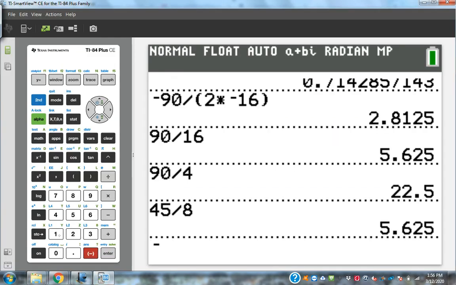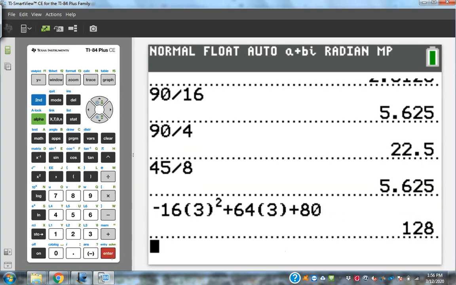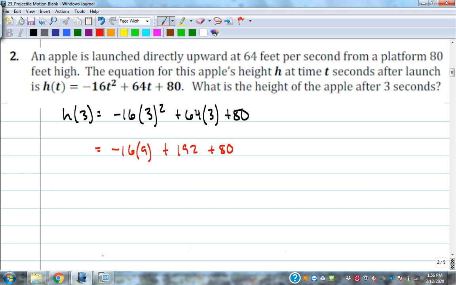But you could do this: negative 16, parentheses 3 squared, plus 64, parentheses 3, plus 80. And it's going to give you the height of that ball, or apple in this case, after 3 seconds: 128 feet.